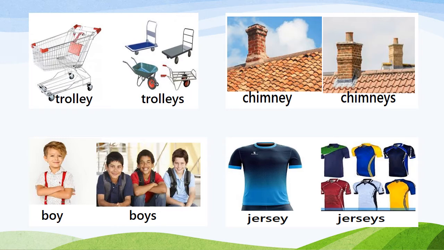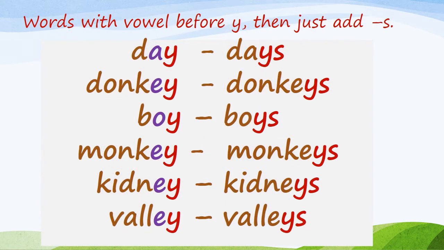So we make it plural by adding only S, jerseys. Words with vowel before Y, then just add S.